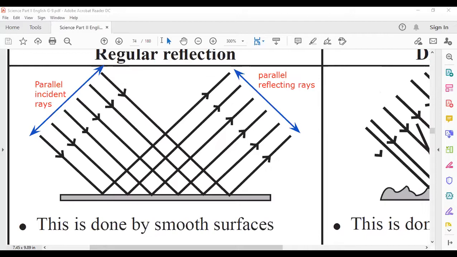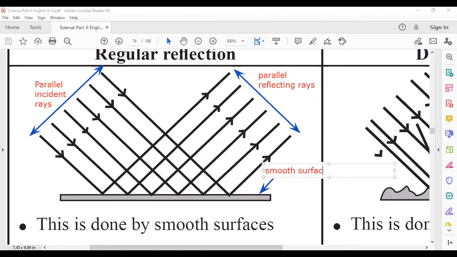Okay, right. Here, if you take this surface, is it a straight one or are there ups and downs in it? It is a straight one. So if it's a straight one, you have to call it a smooth surface.